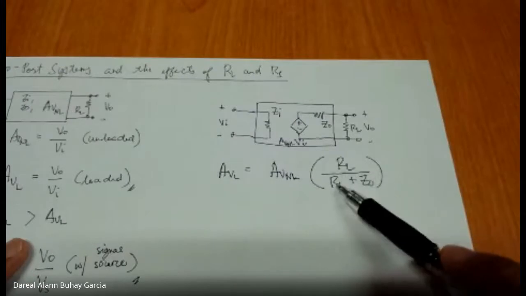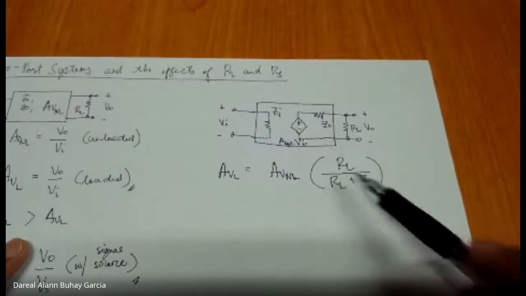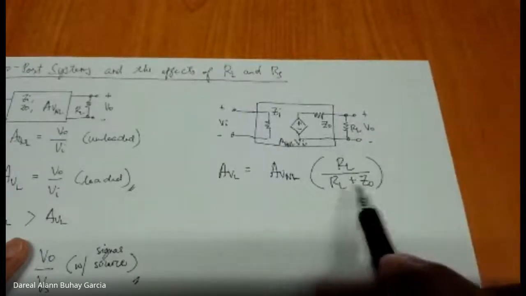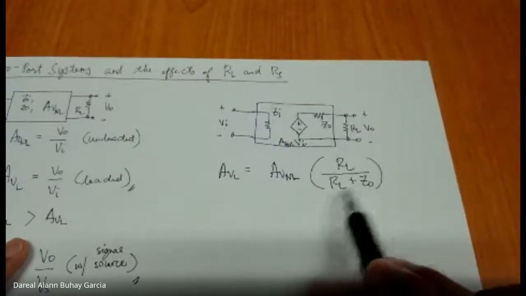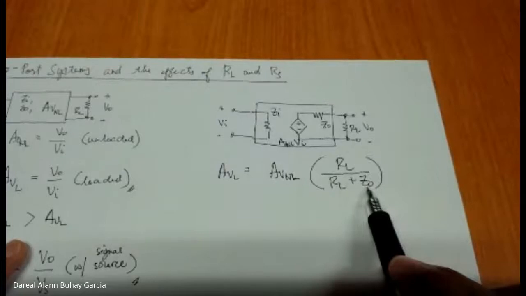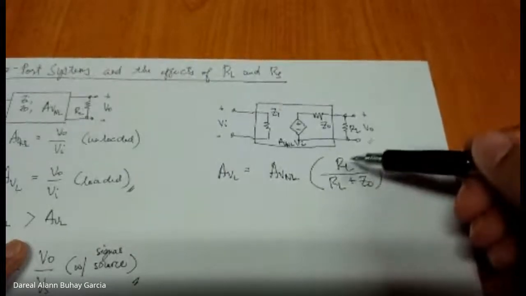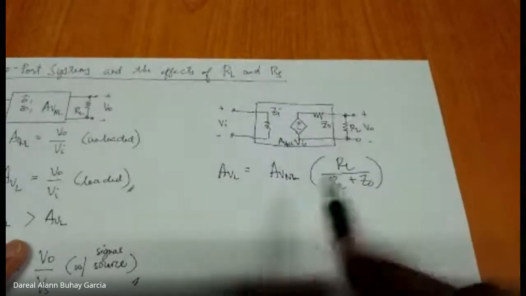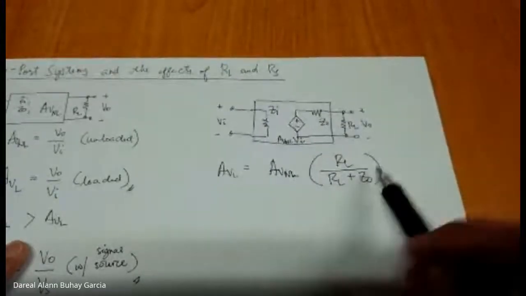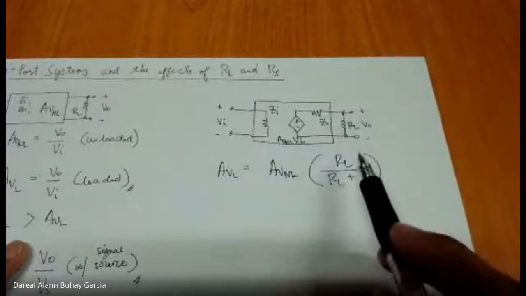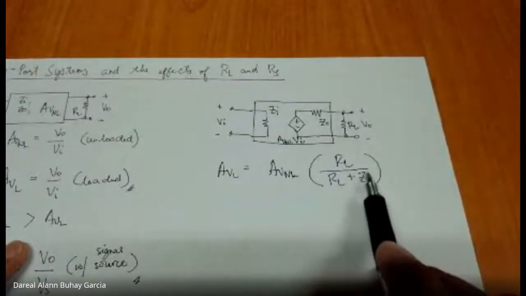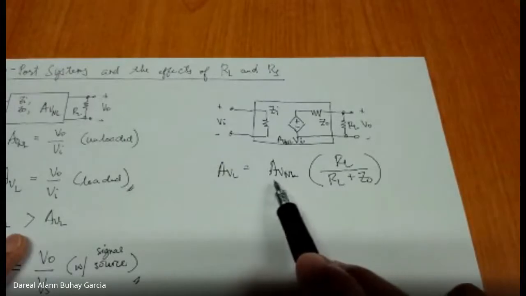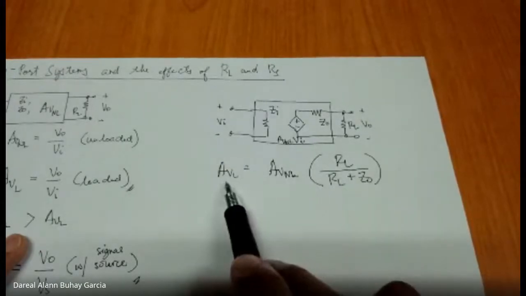But if RL is large enough, much larger than ZO, then this would be approximately equal to 1, or close to 1. It can never be exactly equal to 1 because of ZO, but if RL is large enough, the value of AVL is at least substantially greater.